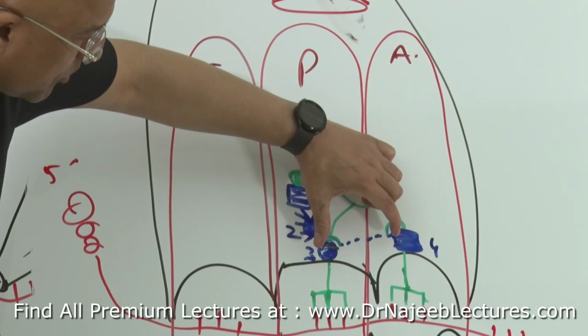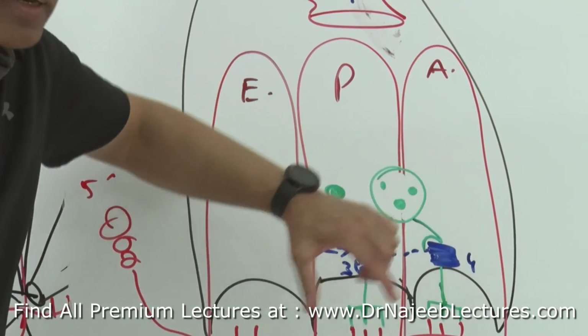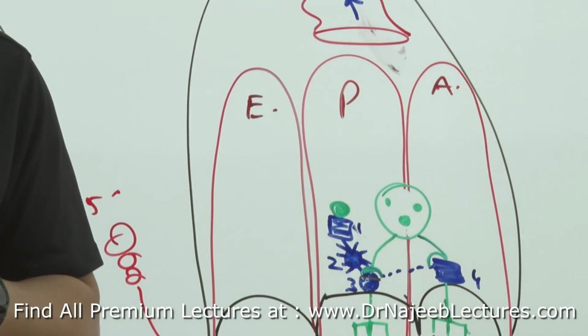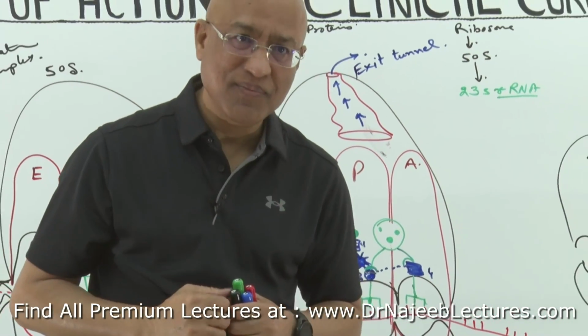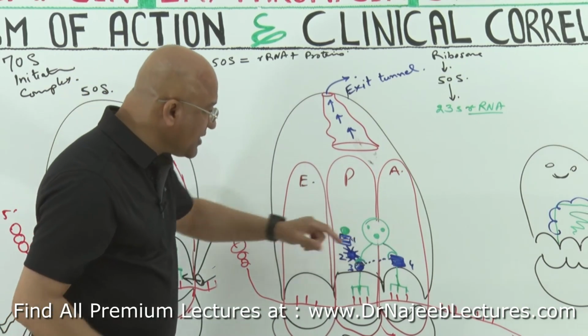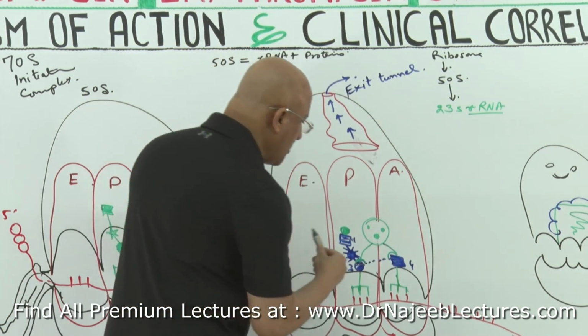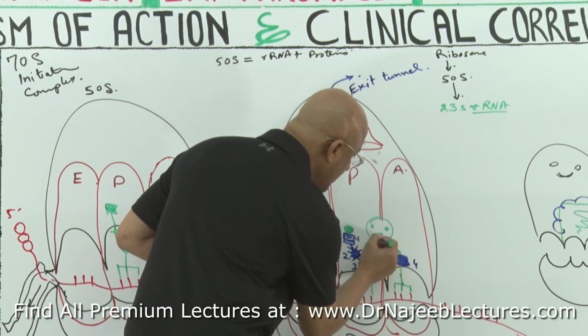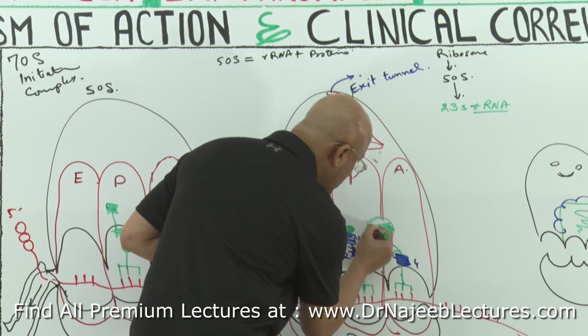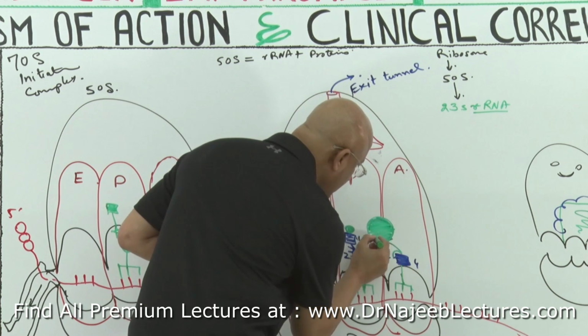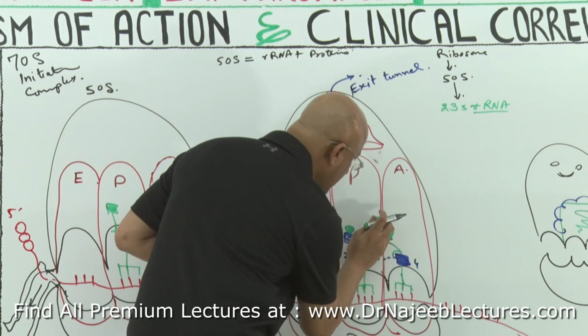It is bringing them closer together and making their proper alignment so a bond is formed. So what is this? The 23S ribosome present in the 50S subunit.